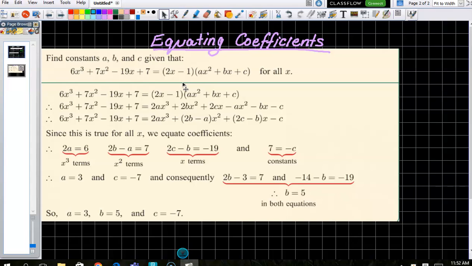Now, the theory is that if I gave this to you and I said, hey, factorize it, you couldn't do it. Right? How do you factorize a quadratic? You do that sum and product thing, yeah.